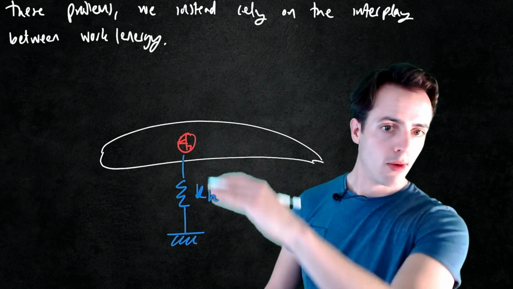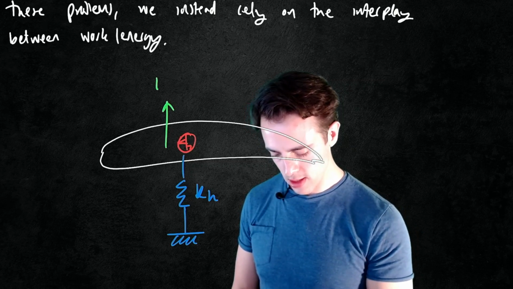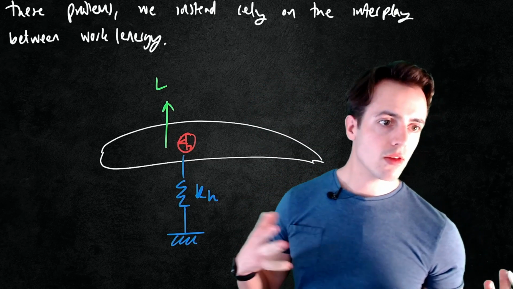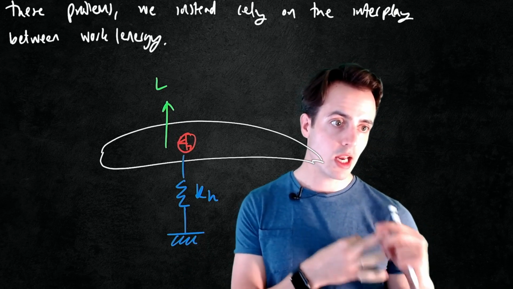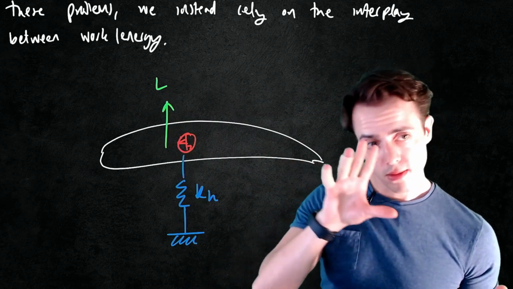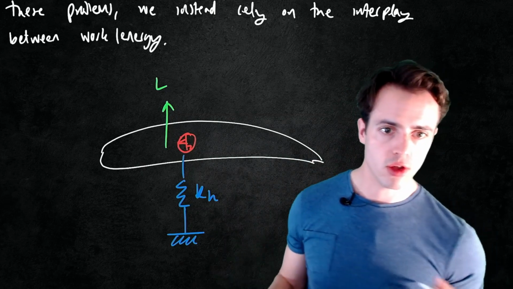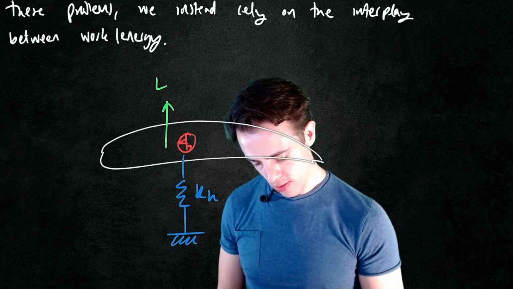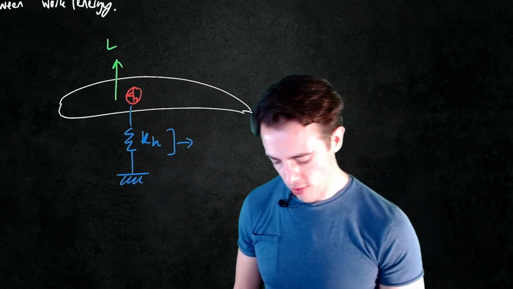This would be again our bending stiffness. Let's put the lift on here. Then we've got these three different types of forces. We've got inertial, aerodynamic, and elastic forces that we can then put into a work energy formulation, or we can find energies associated with these. So kh, we need to look for an elastic energy, and for us that's going to be strain energy.